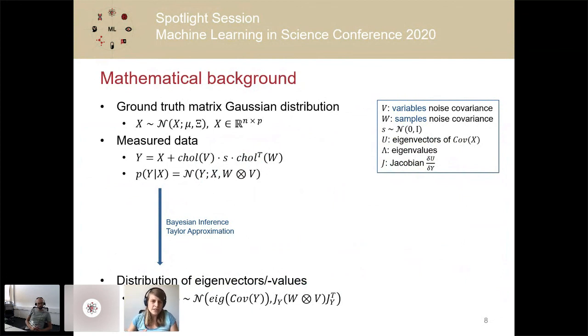Using some Bayesian inference and Taylor approximation, we can approximate a distribution over the eigenvectors. As this is the key distribution of our method, I want to quickly have a look at it on the next slide.